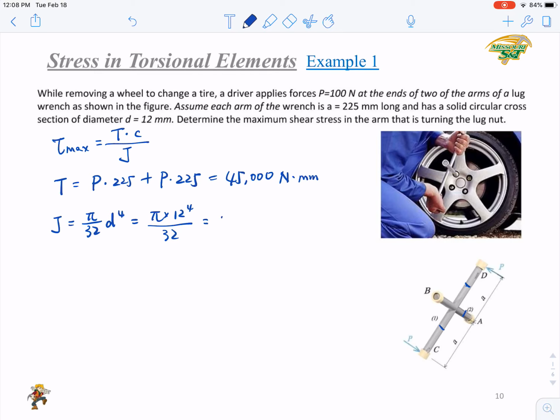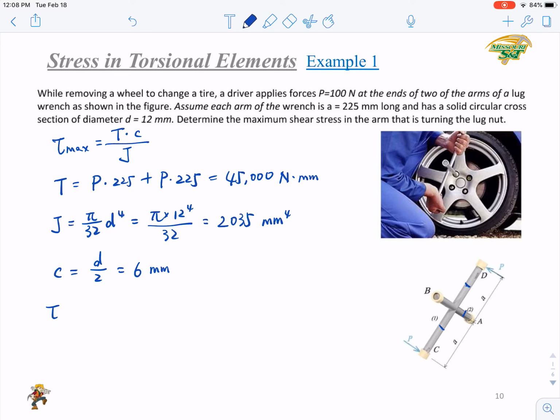You will get 2035. The unit is millimeter to the fourth. And then the C here, obviously, is half D, right? It's half of the diameter. This is the radius of the cross section, and that is 6 millimeter.